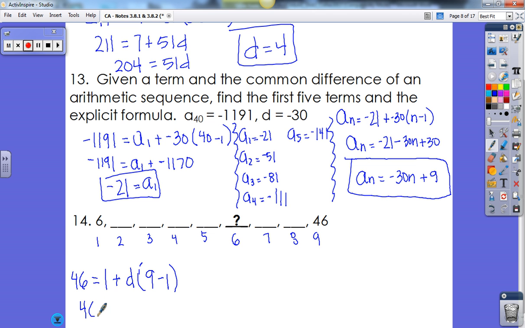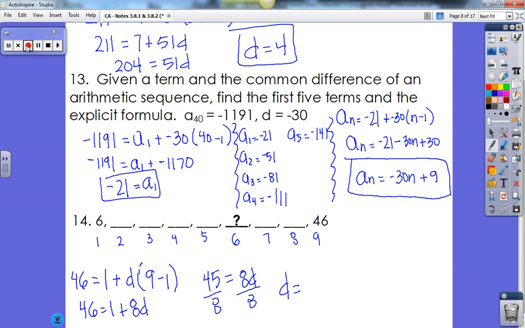So I've got 46 equals 1 plus 8d. Subtract 1, and I end up with 45. Right? Yeah. And that doesn't end up being a whole number.